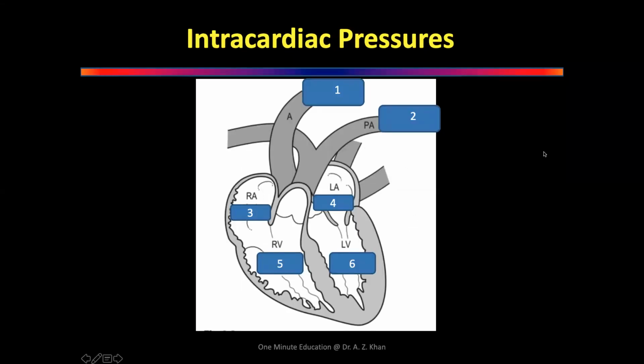Please identify, give me numbers on 1, 2, 3, 4, 5, and 6. These numbers are very important, because everything that we discuss from here forth is directly related to these numbers. I want to know what is 1, 2, 3, 4, 5, and 6.